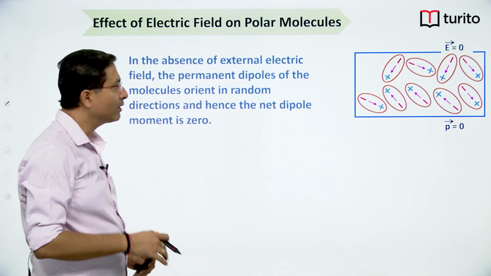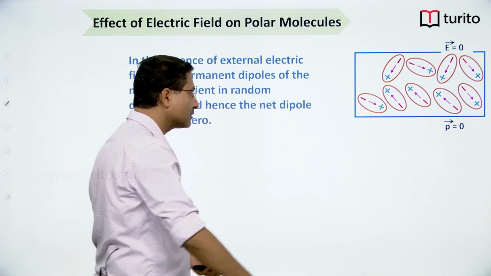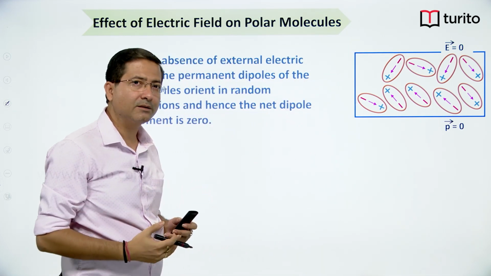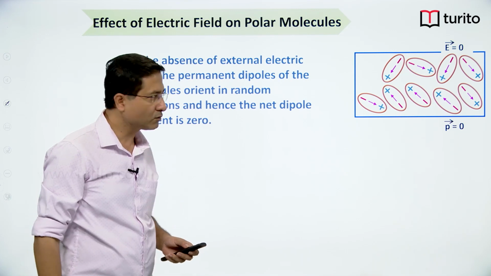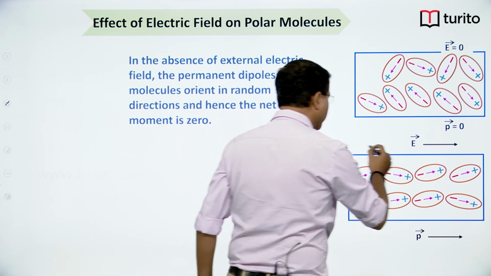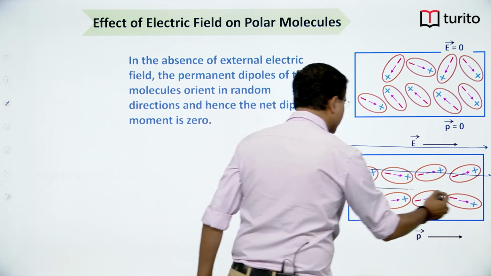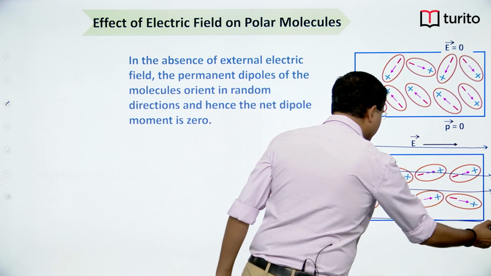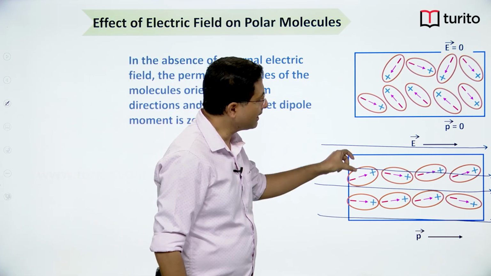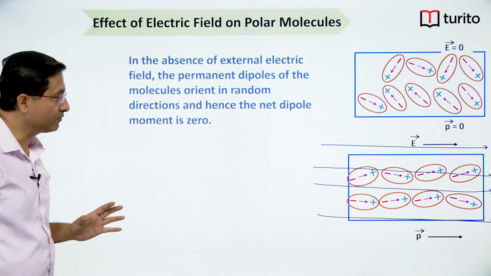But when it is subjected to external field, when I place the whole dielectric in some external field, then they start aligning themselves along the direction of field. So, this is what happens. If I apply external field this way, what happens is that all these dipoles start aligning themselves along the direction of external field, right.